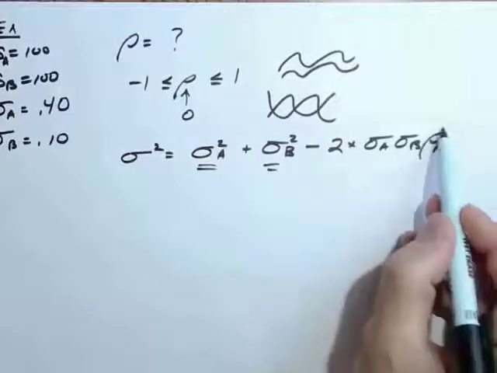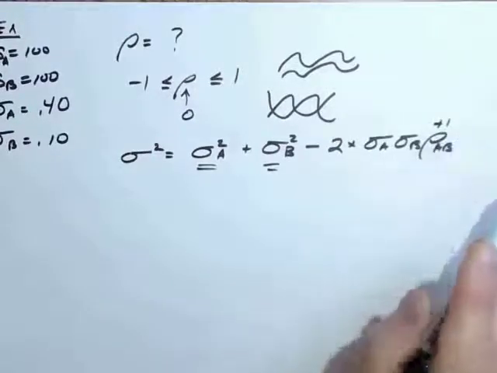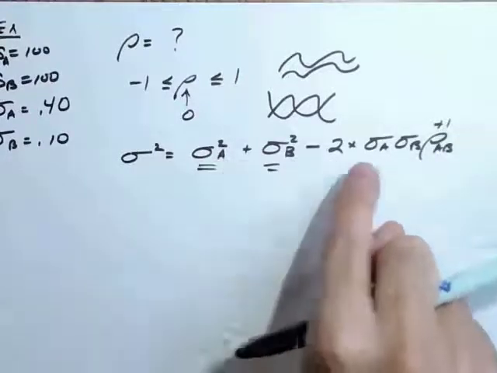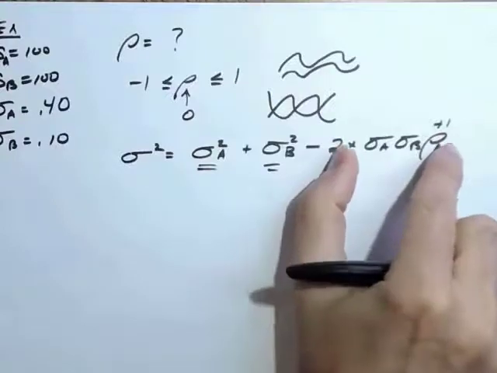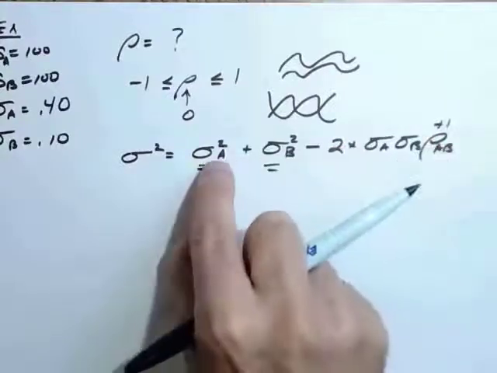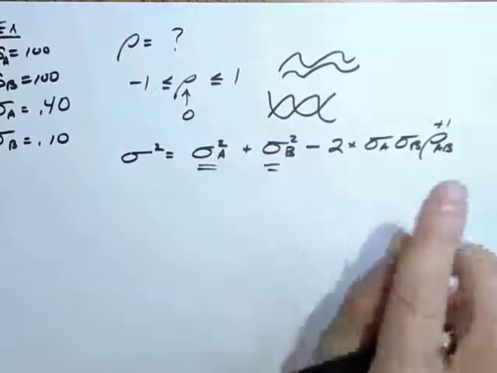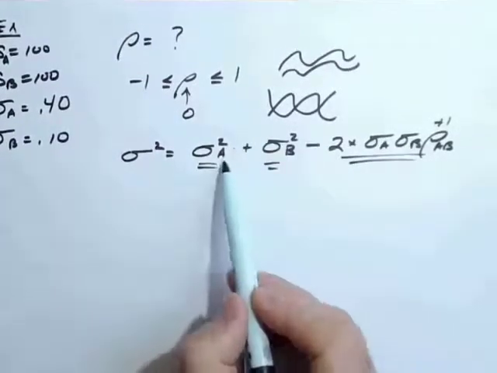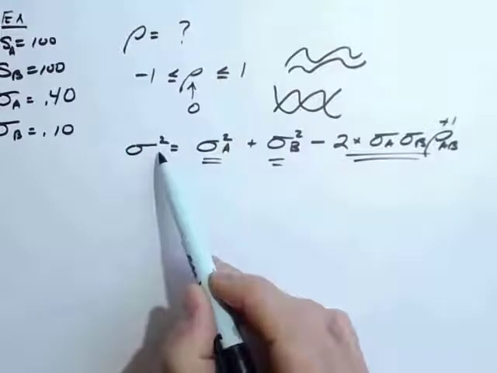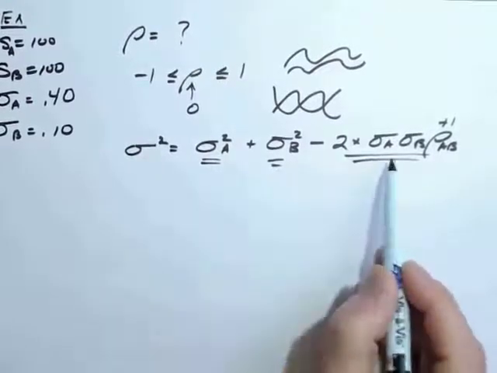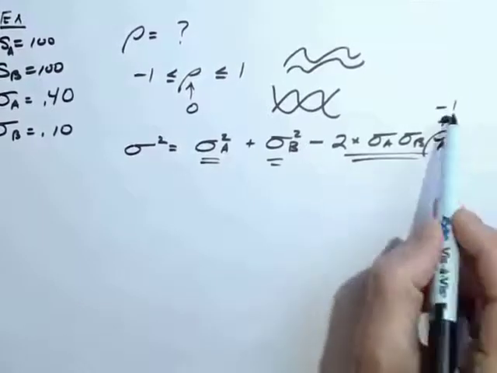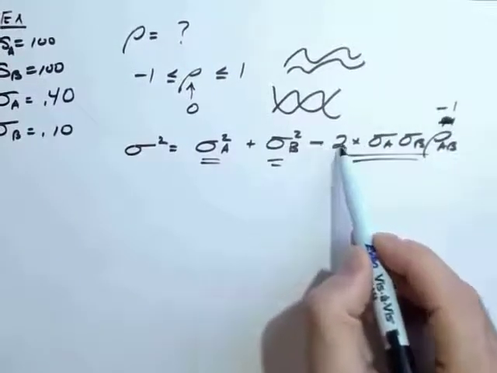So if this correlation is a perfect +1, then this component basically equals these two components, and it reduces your volatility down to nothing, to 0. They completely offset each other. If this was a -1, this would be a negative, and a negative would add up to a positive.